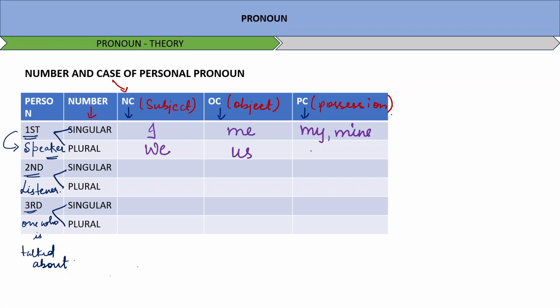Now second person: singular, plural, you can be singular, you can be plural also. In objective case also singular, plural. In possessive case, your, yours.